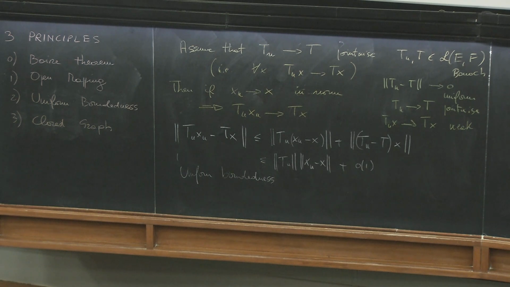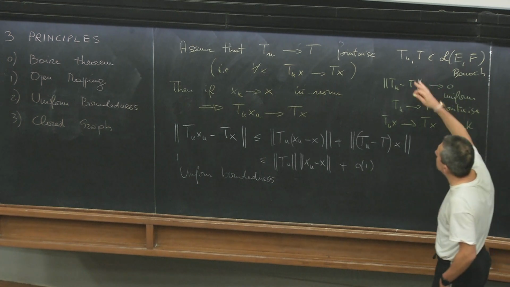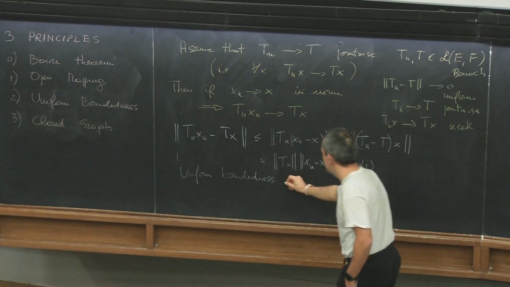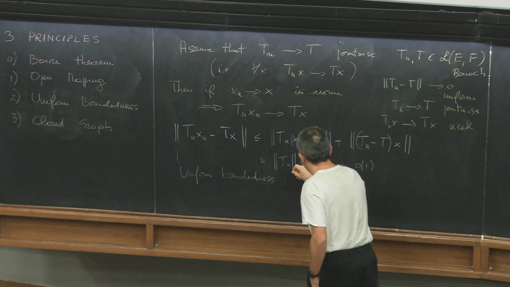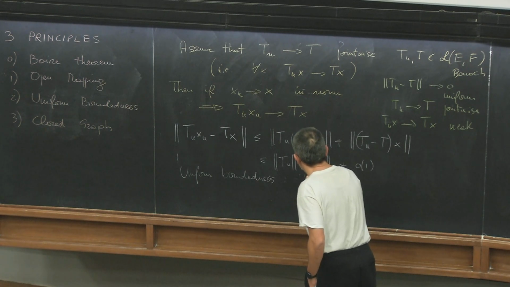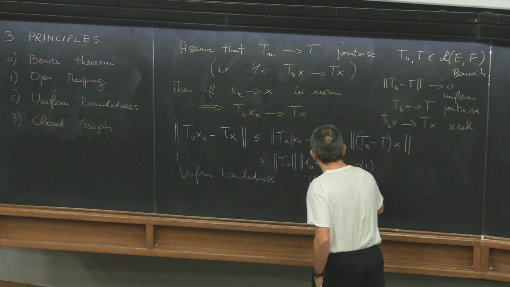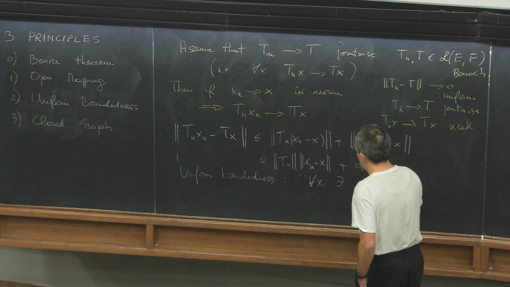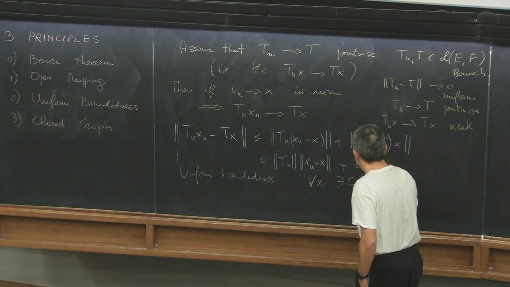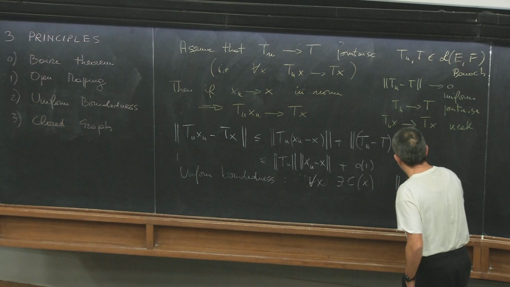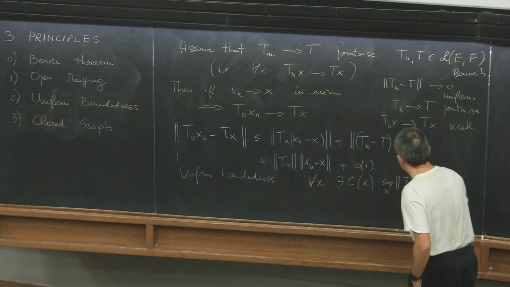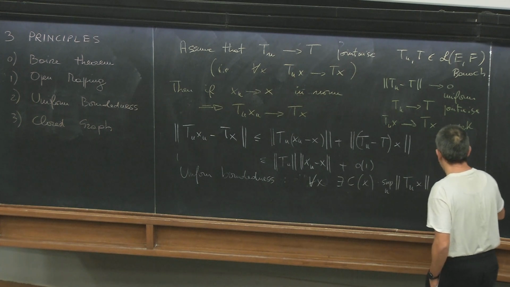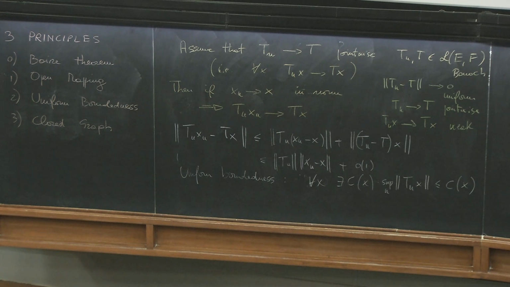It says that if you have a family of operators which are pointwise bounded, then they are uniformly bounded. So in this case, clearly the convergence implies that they are pointwise bounded. Let's say for all x there exists C of x such that the sup over n of the norm of Tn x is less or equal than C of x, because there is a limit.